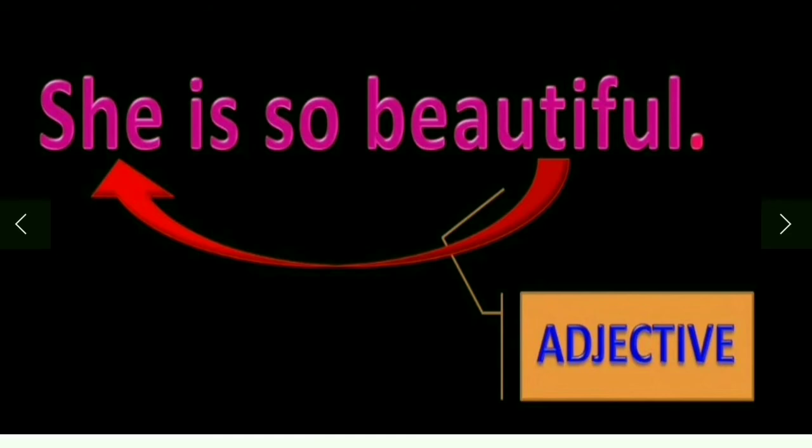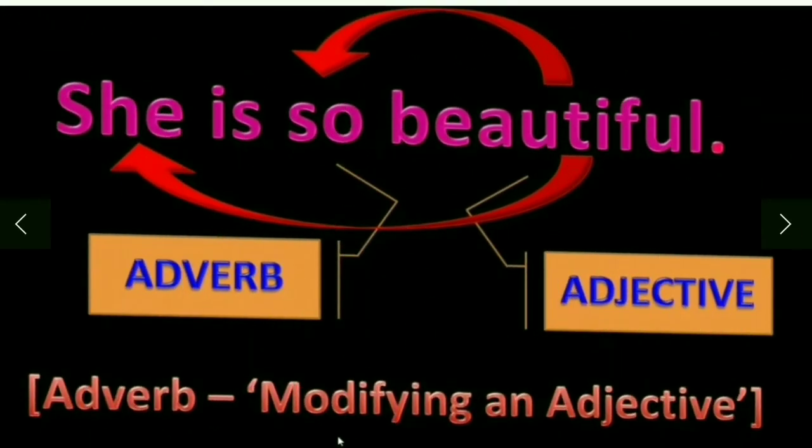Or how is she looking? She is beautiful. Now, a small word is also there. You can see that is so, which is modifying the adjective word beautiful. So here, so is the modifier of the word beautiful.